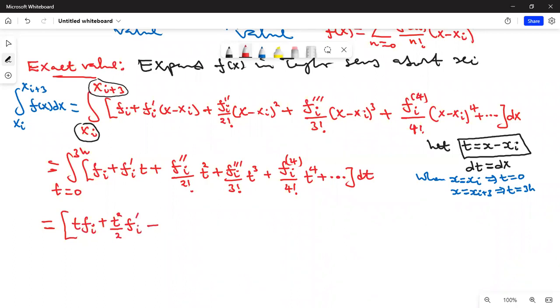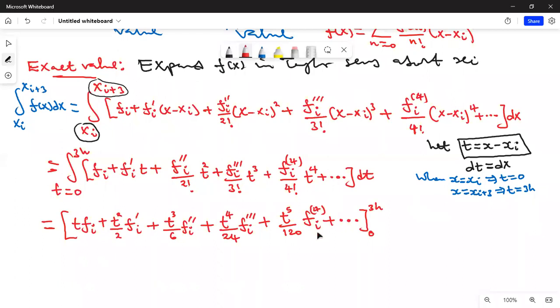The other one, t squared will give us t cubed over 3, 3 times 2 factorial, that is 6. So that is just t cubed over 6 times fi double prime. Proceed with the other terms up to the last one.